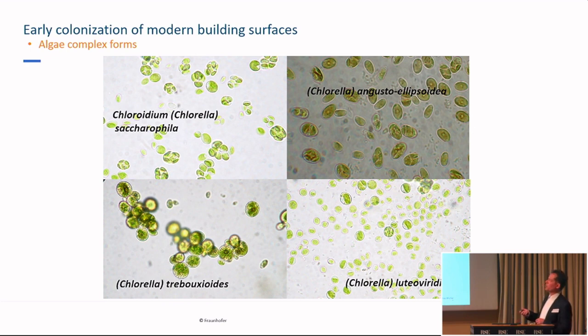So formerly Chlorella saccharophila, now is called Chloroidium. Same with Chlorella angusta-ellipsoidea. When we did our investigations of the surfaces, Chlorella trebouxioides still was a special form, but now it's merged with this alga. And then there is former Chlorella luteoviridis. I think the genus is now Xanthonema.